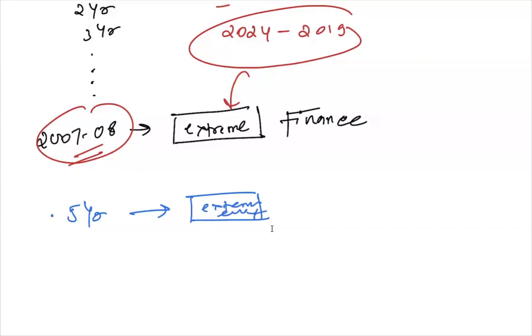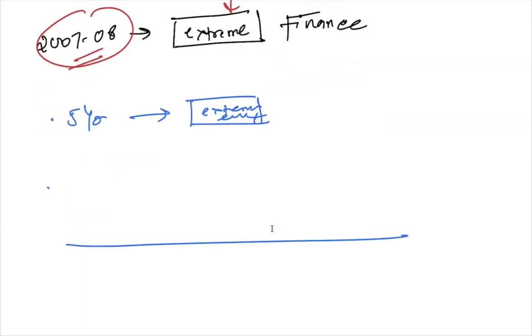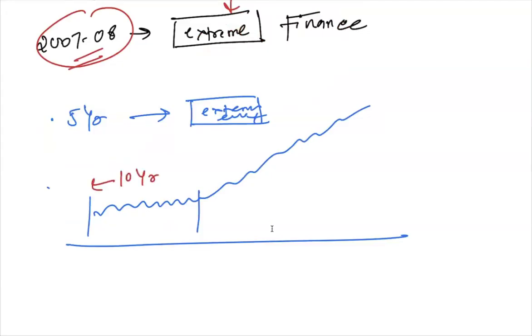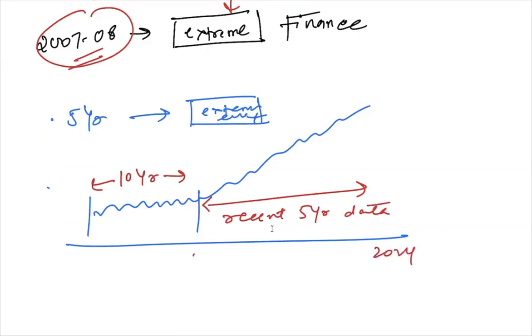Okay, but also remember, let's say the stock is performing something like this. So tell me one thing: let me divide this, let's say this was 10-year data, and this is the recent 5-year data. Let's say 2024, 2019 to 2009.